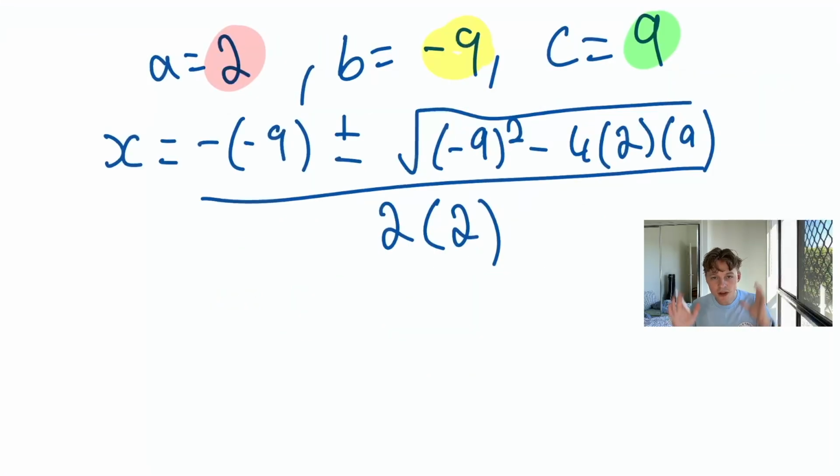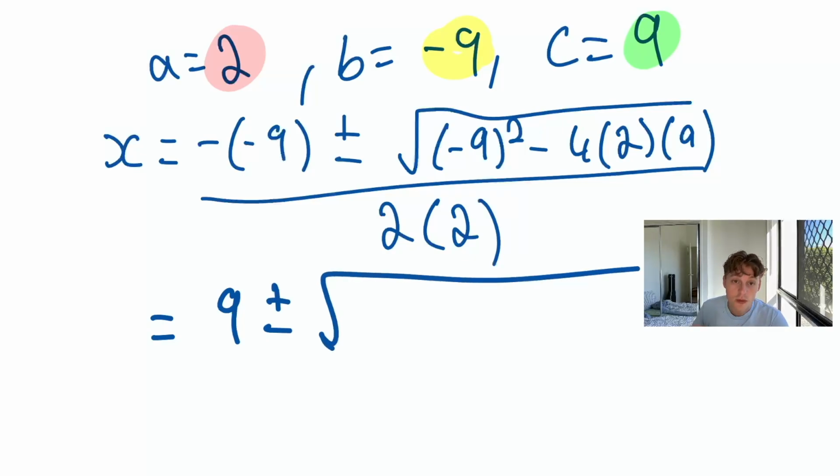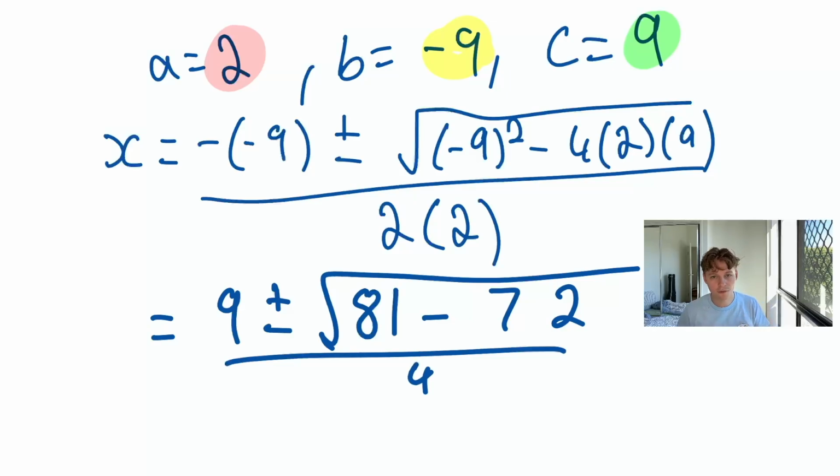Now if I simplify everything, I get x is equal to 9 plus or minus the square root of 81, since -9 squared gives 81, minus 4 times 2 gives 8, 8 times 9 gives 72, so minus 72, all divided by 4.